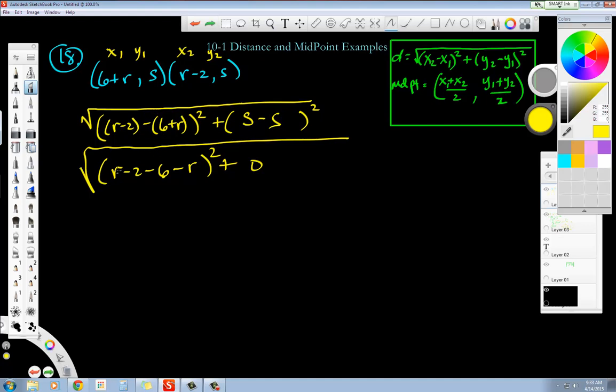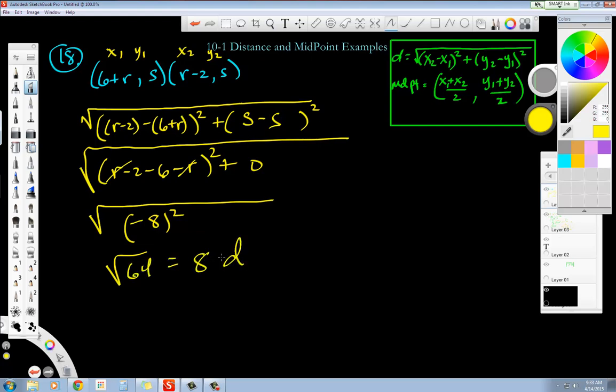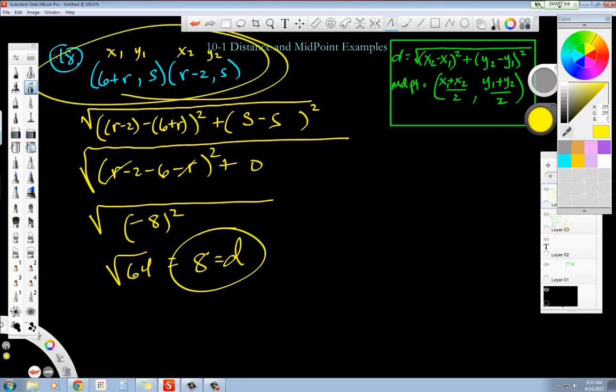All right, so you would simplify that. So the r's would cancel. That r and that minus r, that would go away. And this would be negative 8 quantity squared, which is the square root of 64, which turns into 8. So our distance between those two things right there is 8.